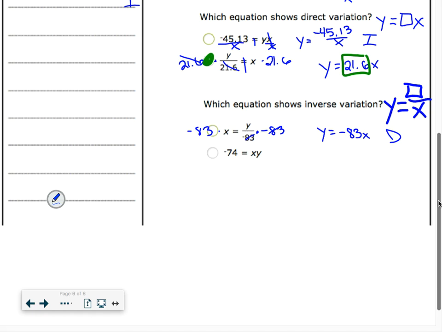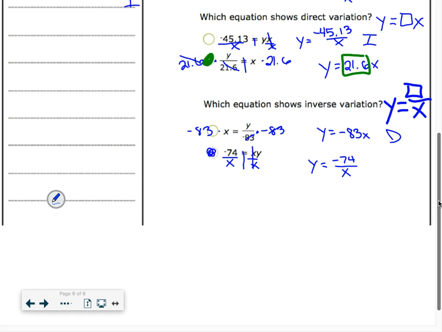Next one. Negative 74 equals xy. What do I need to move? X, because it's by the y, right? I want y alone. How do I move x? I divide by x because it's multiplied. So divide both sides by x and it cancels out there. Y equals negative 74 divided by x.